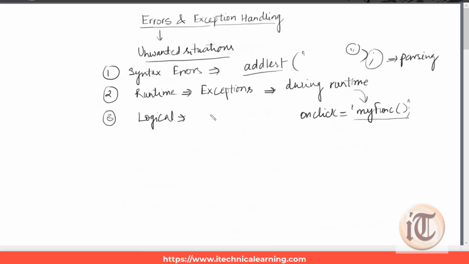Suppose I have written code for the division of two numbers, first number A and second number B, and by mistake I have taken the first number as 100 and the second number as character 0 or something like this, so that the division cannot take place, or it generates unwanted situations that we are not able to understand. These types of errors fall in the category of logical ones.